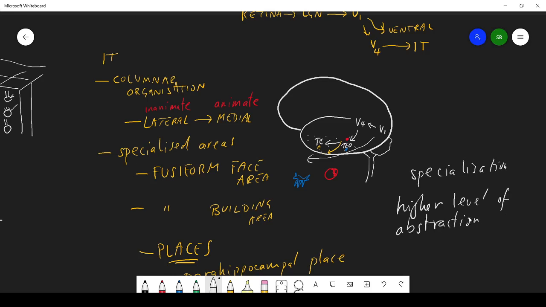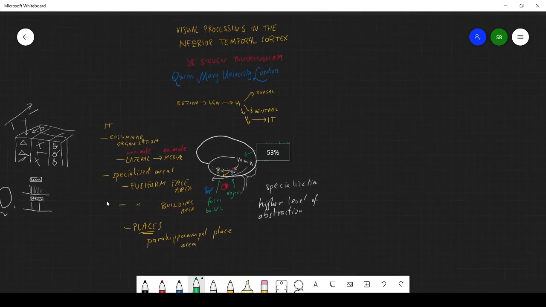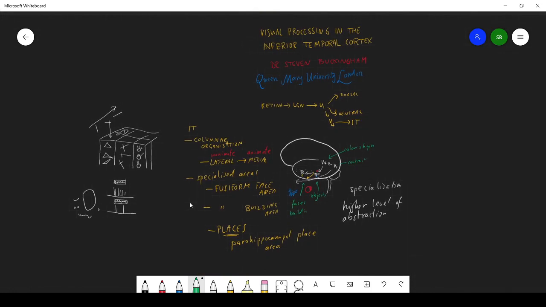And it's kind of fun to imagine that what's happening is you're seeing, in some places, just contrast that then is built up to colours and shapes, and that then is eventually built up as you go along to objects, and then at a higher level faces, buildings, and so on. So that then is our potted diagram of visual processing in the inferior temporal cortex.